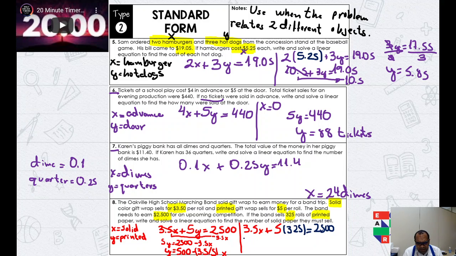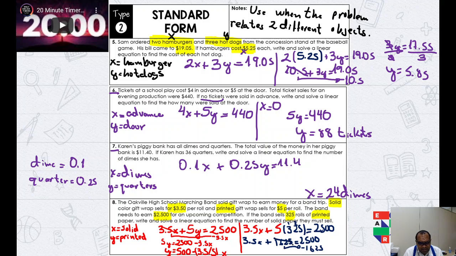Nice. 5 times 325. Just rewrite over here, 3.5x plus 5 times 5 is 25, carry 2, 5 times 2 is 10, plus 2, 12, carry 1, 5 times 3, 15, plus 1, 16. 1,625 equals 2,500. You subtract this by its opposite, minus 1,625.